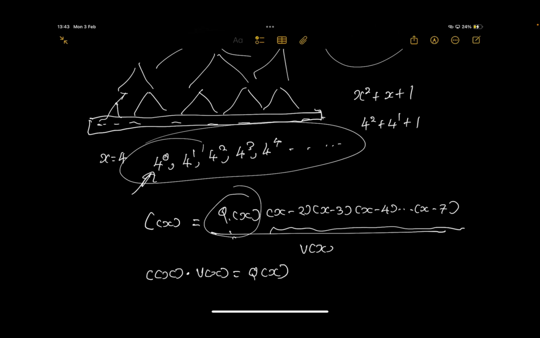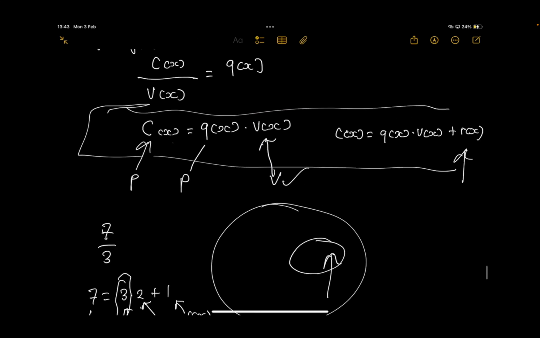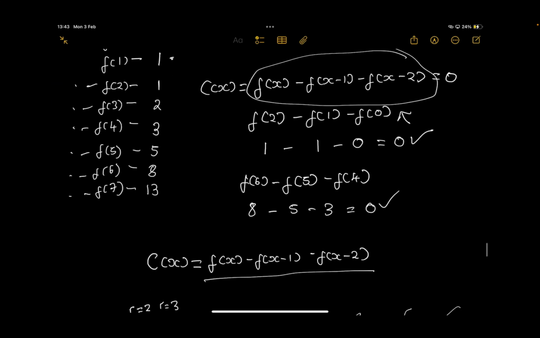So for that, the relationship about C of x will not hold for values above the bound. It doesn't have to hold for those values. Why? Let's say the program could have just put anything at, let's say, f of 8, for example.